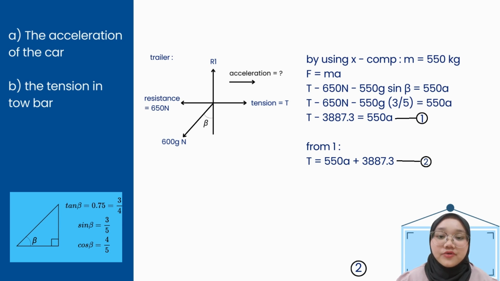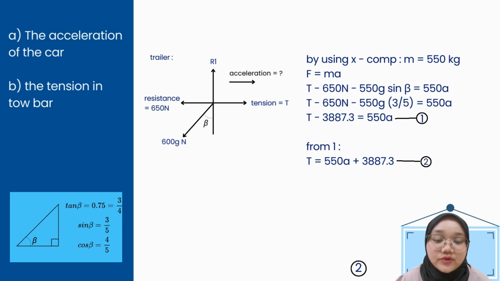First, we create a free body diagram for the trailer, and by using its component, m equals 550 kg, we use the formula F equals ma, and we will form T minus 650 Newton minus 550 g sine beta equals 550A.